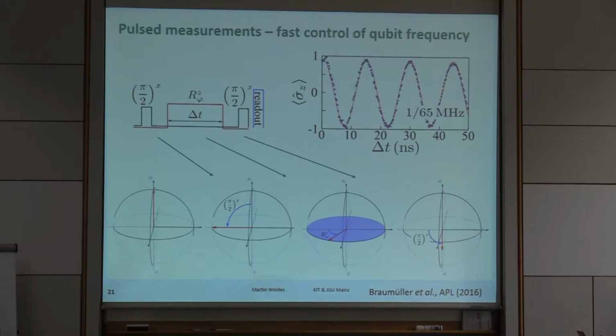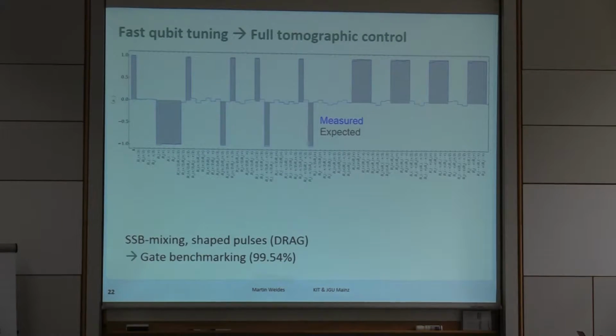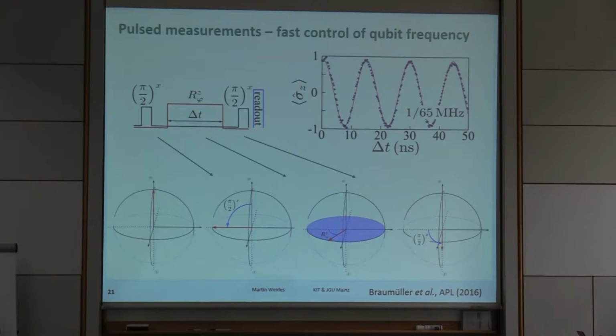In the measurement we get an oscillation between 1 and -1, so there's a controlled precession with the precession frequency depending on the detuning. This can be set to a large range, up to I think 100, 150 megahertz, so close to the anharmonicity.